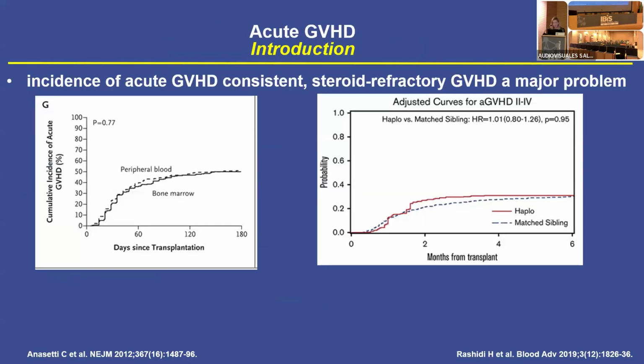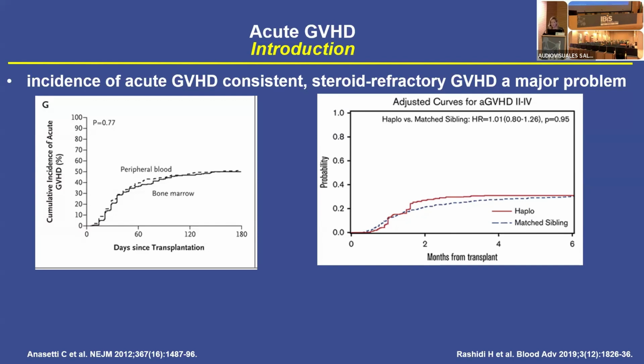So we are talking about acute GvHD because its incidence still remains consistent, although we are managing it better and we have less grade 3 and 4 acute GvHD. We feared that use of peripheral blood and haploidentical transplants would increase the rates of acute GvHD. However, we have randomized data showing the opposite, or as shown here on the left, as it comes to acute, there's no difference, but there are higher incidences of chronic GvHD with peripheral blood stem cells.